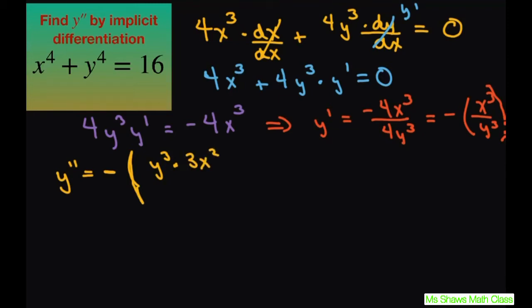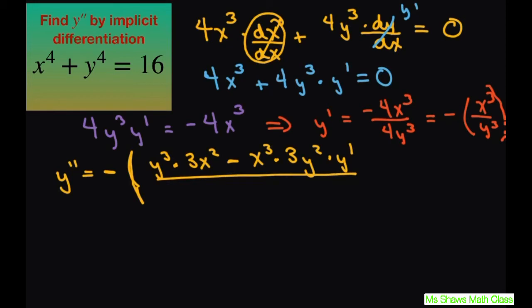And that's dx divided by dx, which is just 1. Okay, and then you do minus, write down your x cubed times the derivative of y cubed, which is 3y squared. And instead of dy dx, I'm going to put y prime. All right, and this is all divided by our denominator squared. That's your quotient rule.